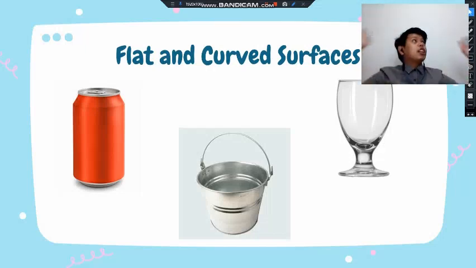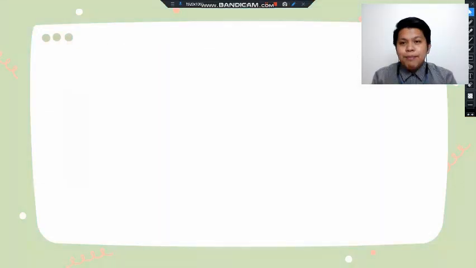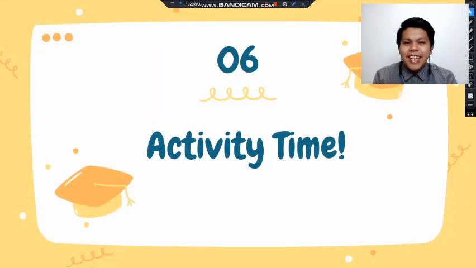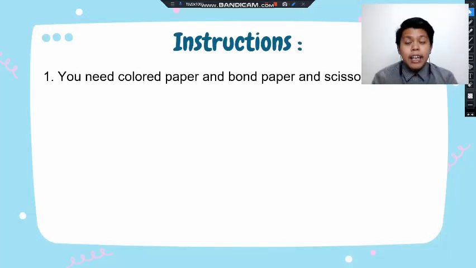You can see a lot of things around you that you will be able to describe as flat and curved surfaces. Now for our activity for today, here's the instruction. I need you to have a colored paper, a bond paper, and scissors.